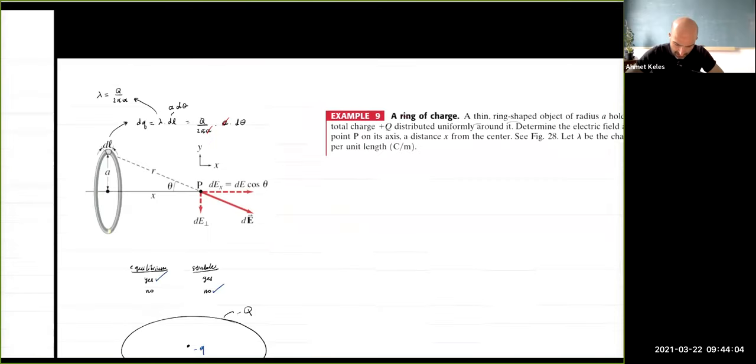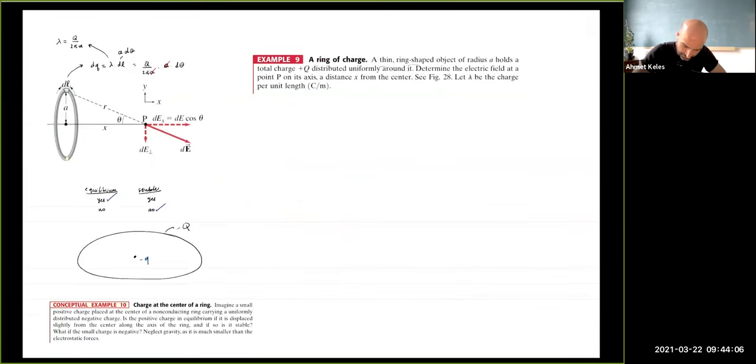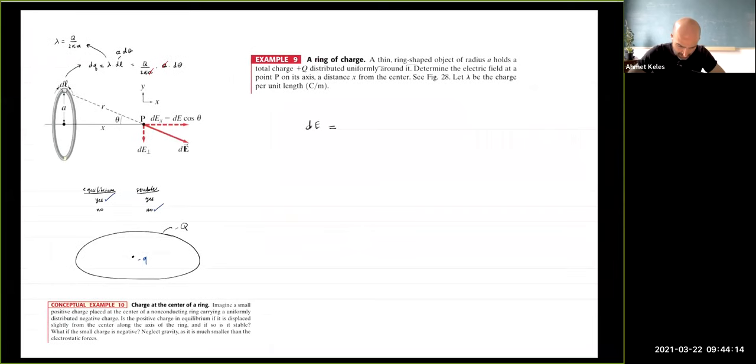Now I want to write the electric field dE. I'll look at the vectors in a minute. It is equal to k dq, which I just calculated. It's q over 2 pi times d theta, divided by r squared.